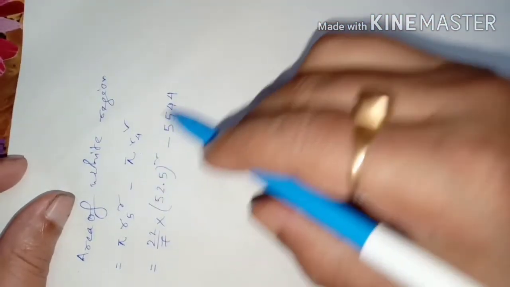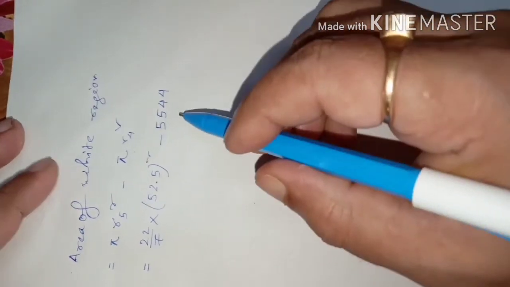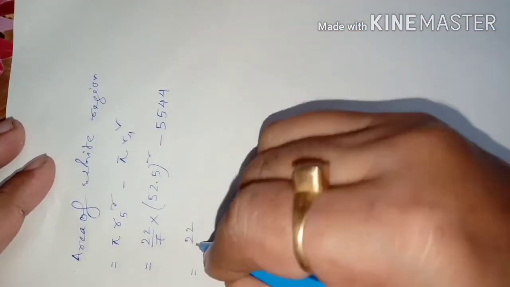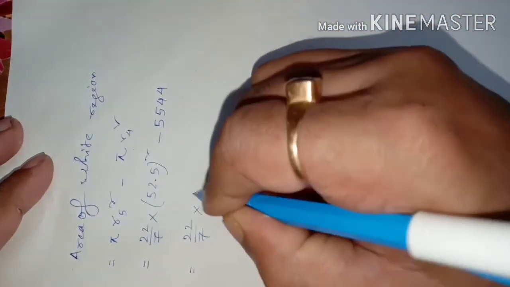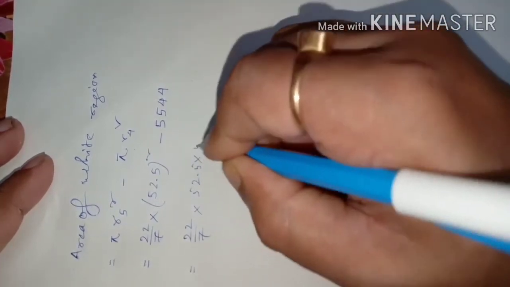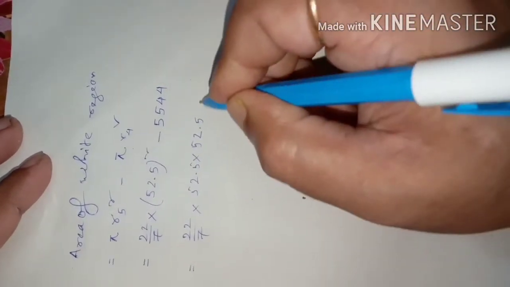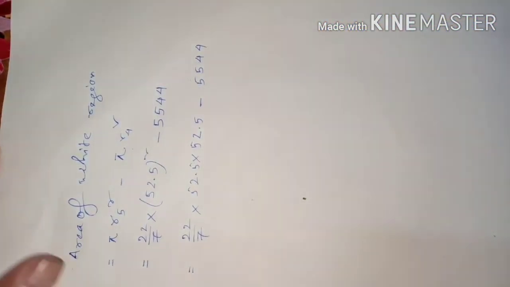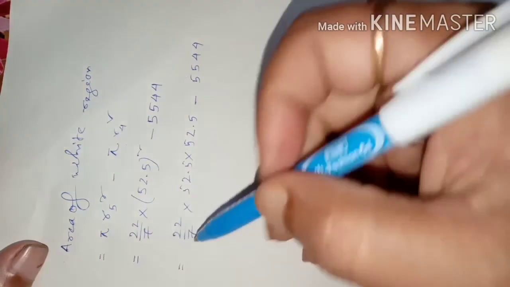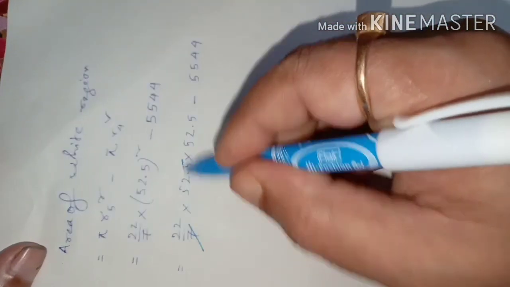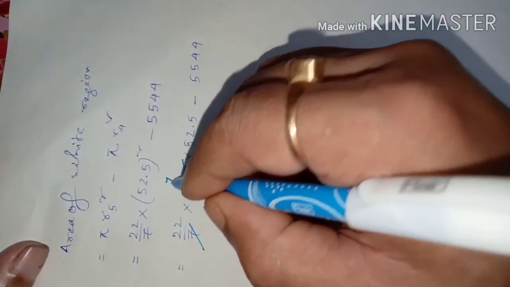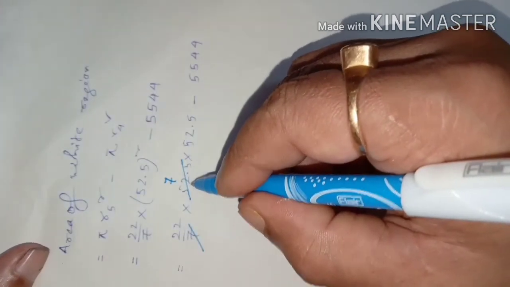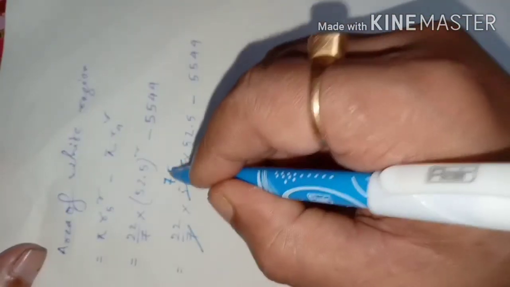So directly we are bringing that value here. Okay, dear students, now it is 22 by 7 into 52.5, 2 times 52.5, minus 5544. Then you can cancel this 7 with this number. 7 7s are 49. Then it will be 35. 7 5s are 35 point here.